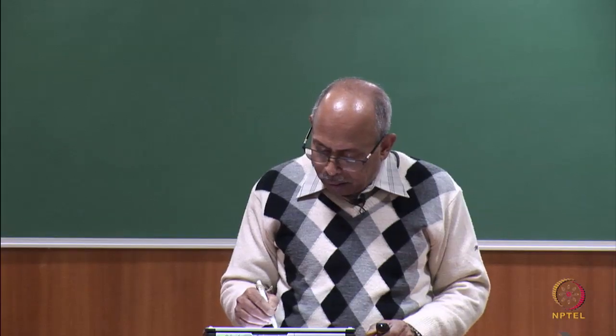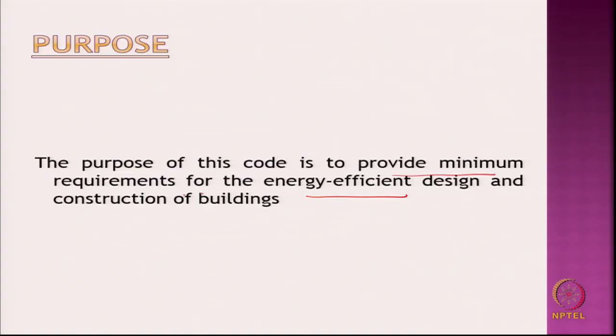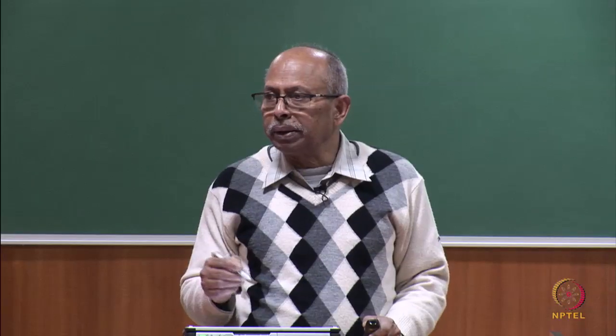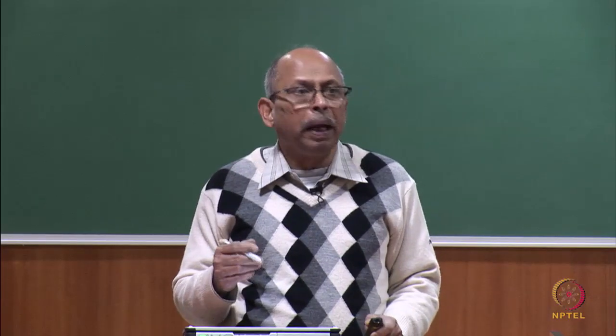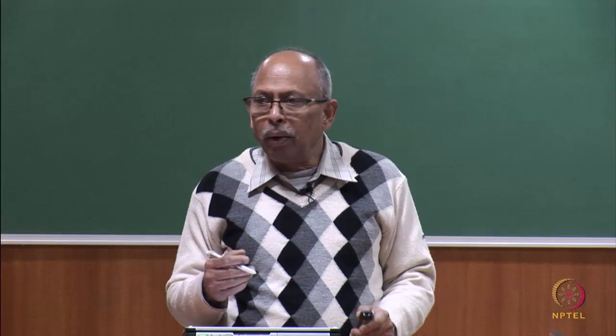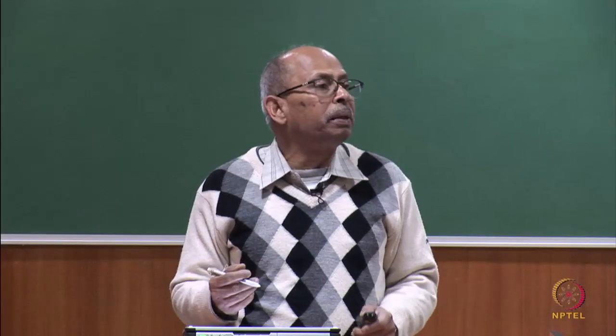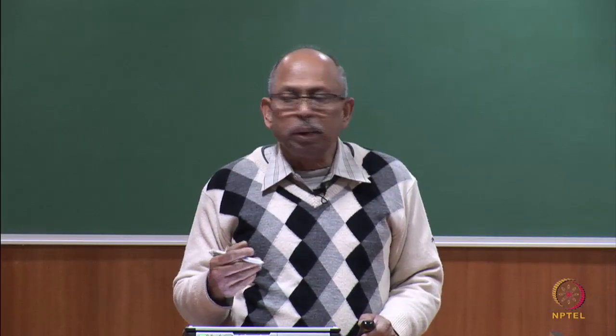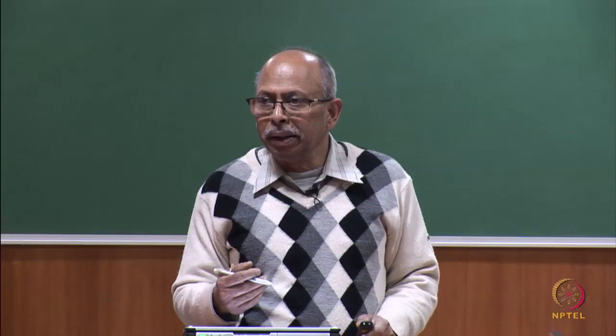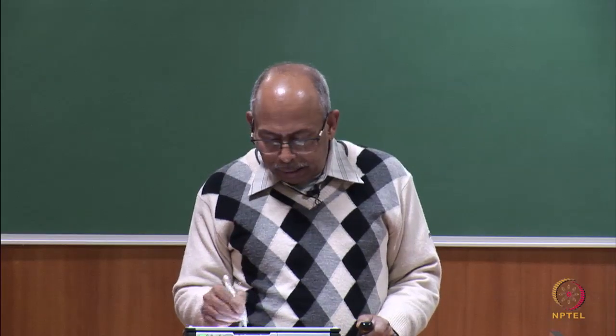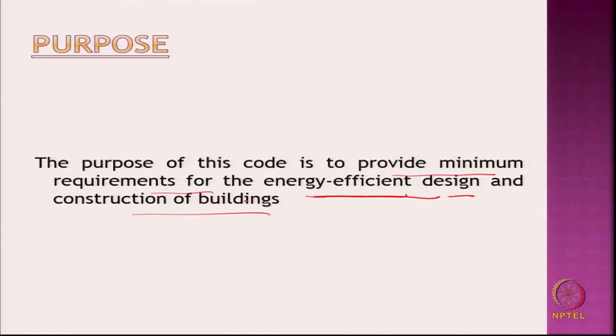So, basically it is to provide minimum requirements for energy efficient design and construction of buildings, but it also takes care of all other aspects, for example the lighting and other active systems. So, it gives you a guideline so that this is minimized, but we will largely look into the issue of envelope and construction.